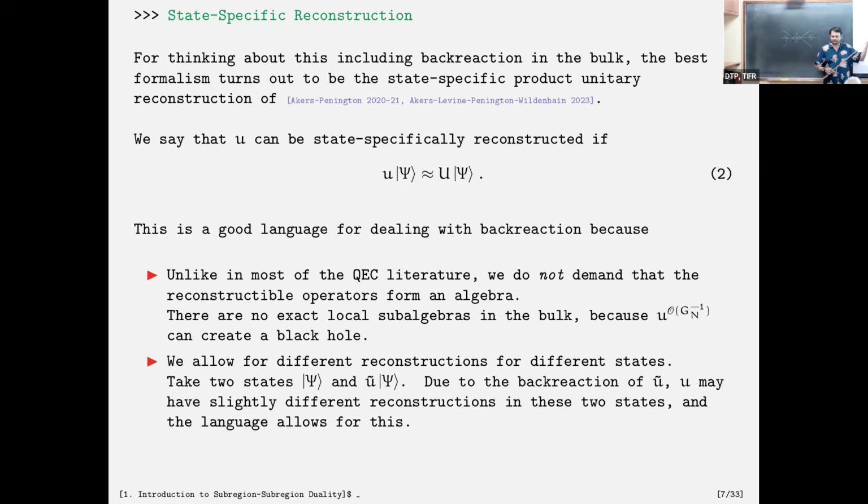A nice example is this: suppose you have global AdS, and a unitary u excites a particular single mode of global AdS. Now consider a different unitary u tilde, which wiggles the geometry of global AdS. So u tilde, when you take back reaction into account, has a slightly different geometry.